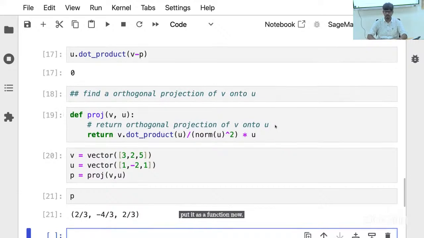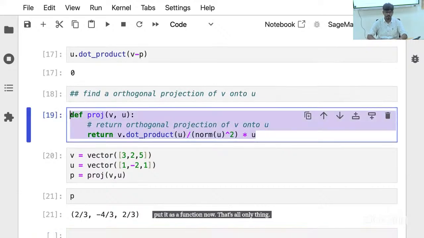That's the only thing. So this is the way you define a function in Python in general, and evidently in SageMath. Whatever you want to do with some inputs, take them as an input first of all, and then return the computation, whatever you feel like doing.